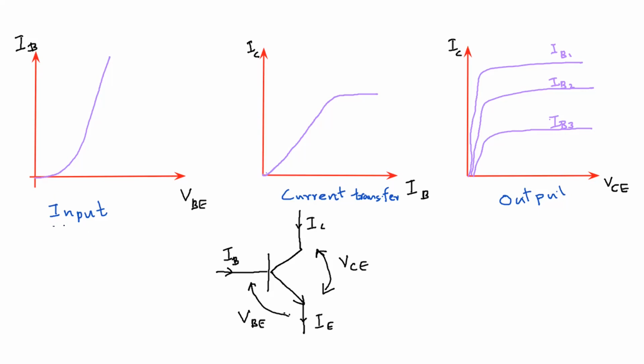One is called input characteristic curve, then current transfer characteristic curve, and output characteristic curve. Now, the input characteristic curve is obtained by considering input, that is IB current and VBE voltage. VBE junction, this you can in fact consider there is a diode available here.